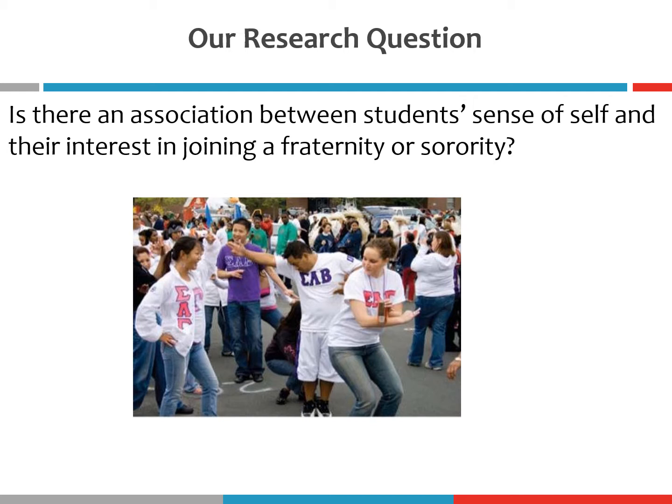So maybe you yourself have joined a sorority or a fraternity, or you know a lot of people who have joined sororities. So maybe think about the particular qualities of that person that made them more likely to make that decision. Right? And a related question is, what type of social needs might joining a Greek organization satisfy for a person?